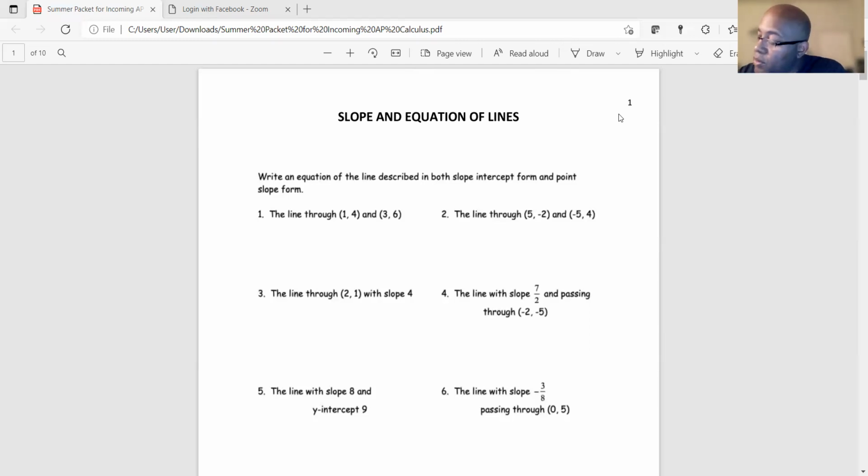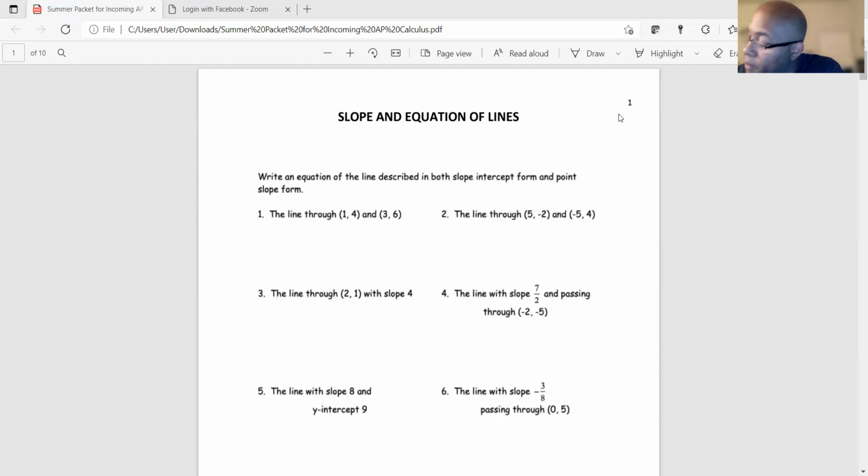Now let's do y minus y1 equals m times x minus x1. This is m right here, and this is my x1 and my y1. So let's plug in y minus -2, -3/5 for m, x minus 5.